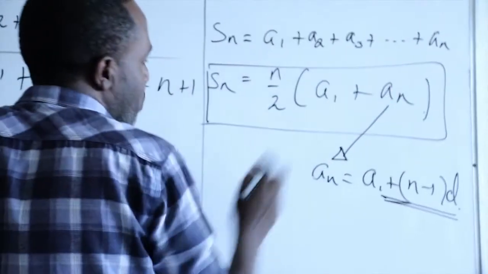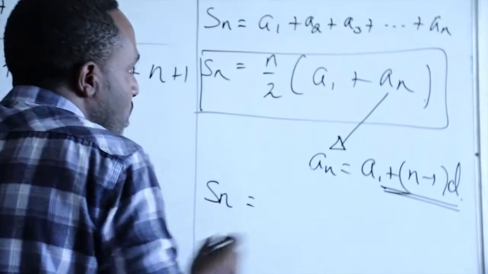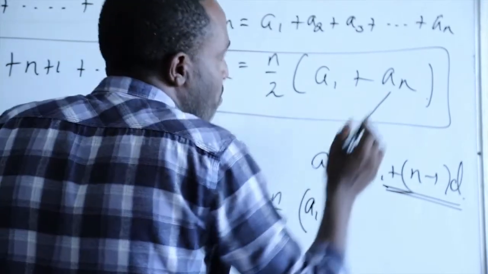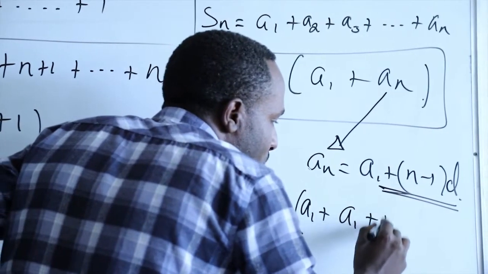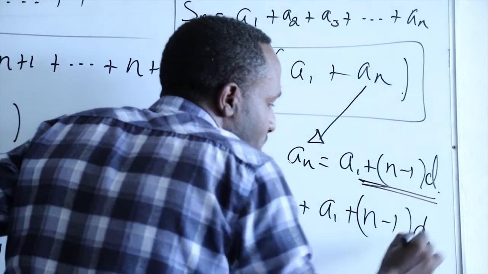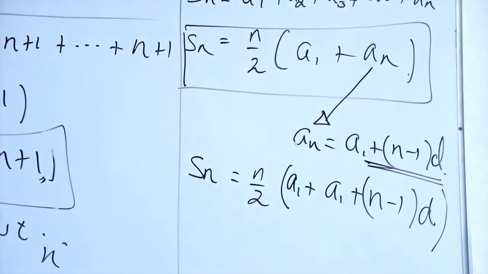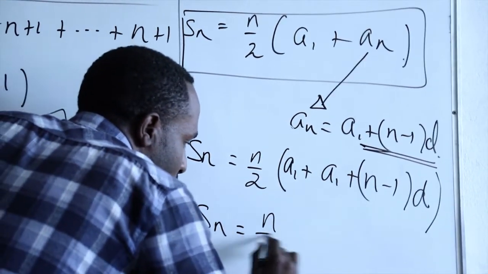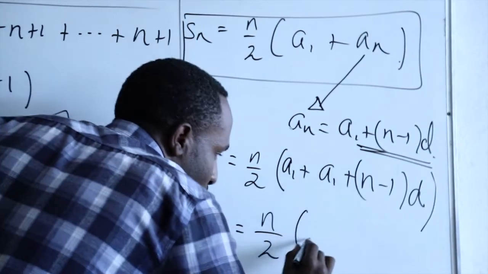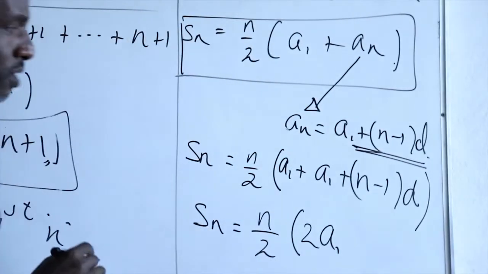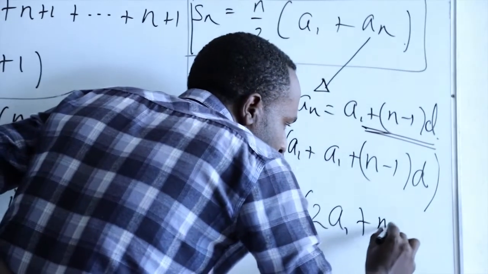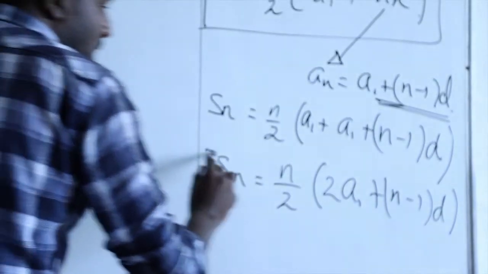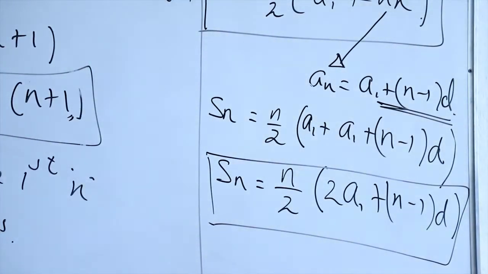Substituting in place of an, Sn equals n over 2 into a1 plus, in place of an, a1 plus n minus 1 times common difference d. So a1 plus a1 is 2 times the first term a1, and Sn equals n over 2 into 2a1 plus n minus 1 times d. This is our other alternative formula.